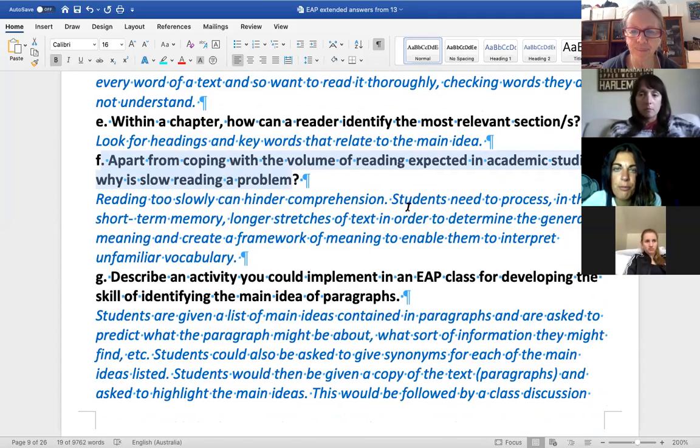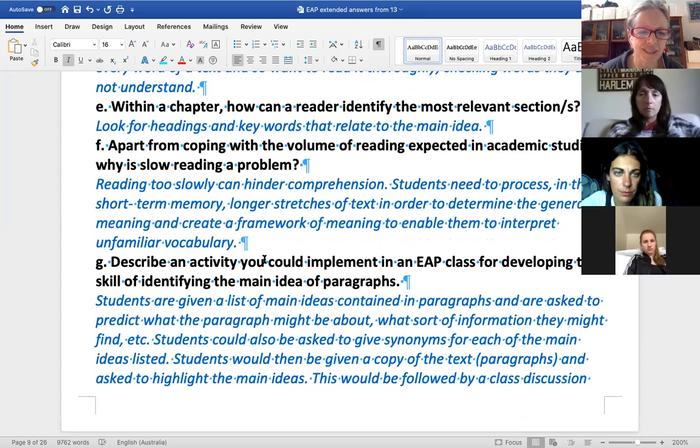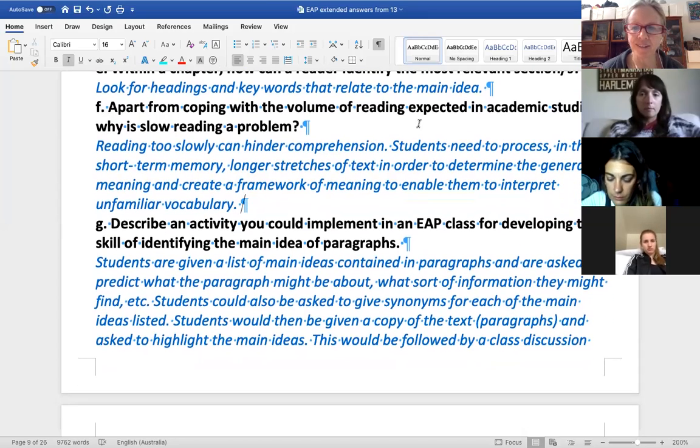Yeah, they will never finish reading a text and they will be stuck. Tell them there's a time limit. Don't get stuck down on details. We need to go over it quickly so we can find out the gist of the overall meaning and then come back and look for details when we have the questions.